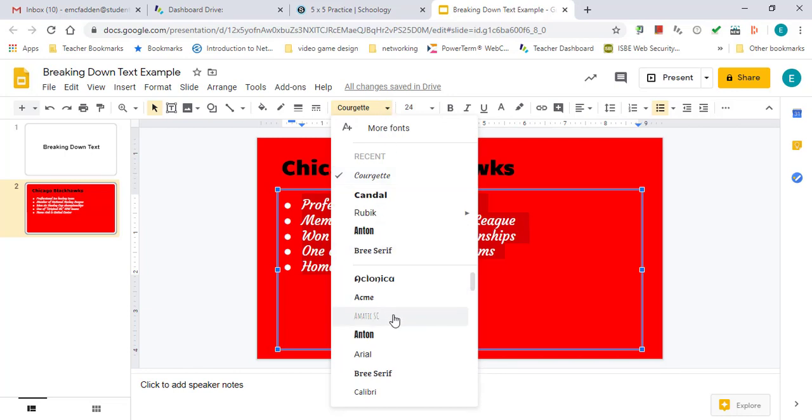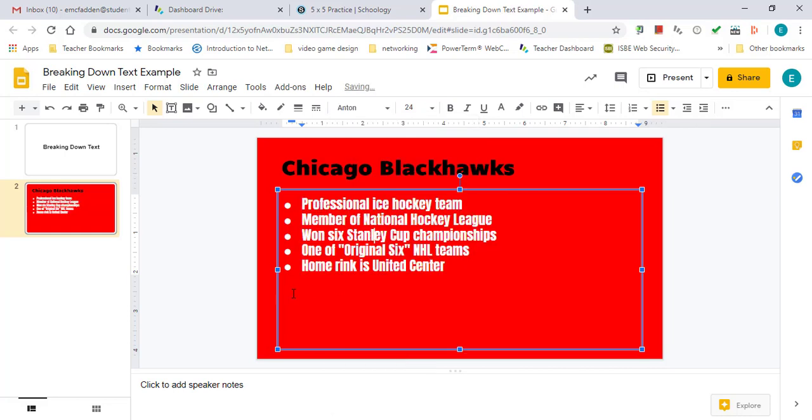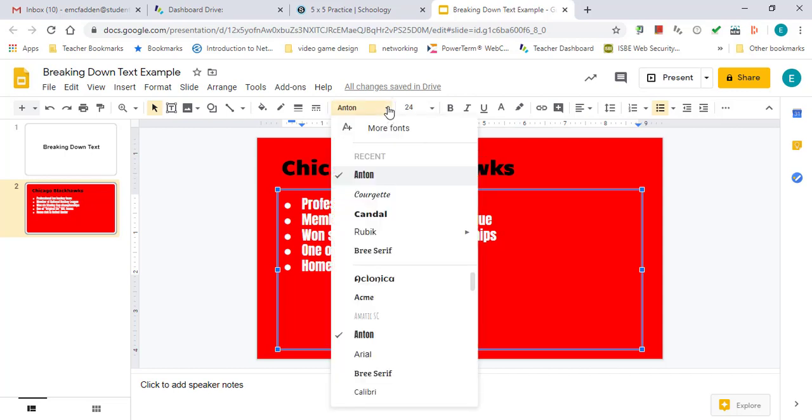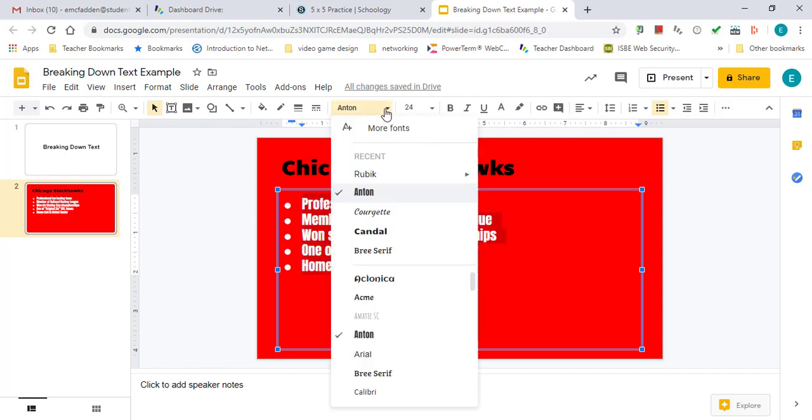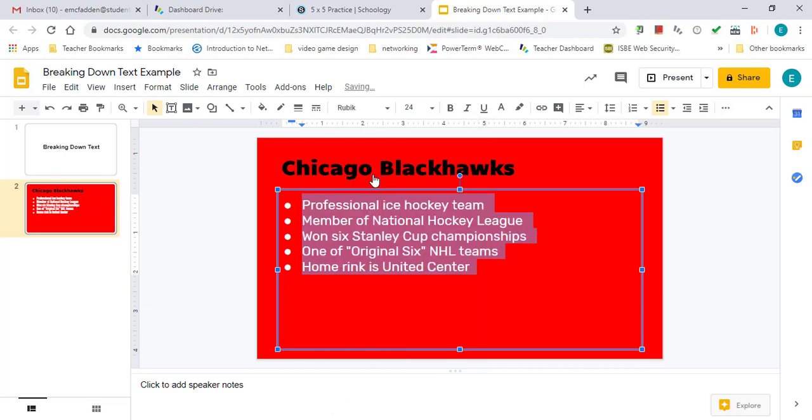So let's try. And I look at that one and it's a little bit too condensed. So again, I don't like that. And this is the problem, you have to kind of check a couple different ones out until you find the one you think is going to best suit your purposes. So I'm going to go ahead and select, and let's try Rubric.